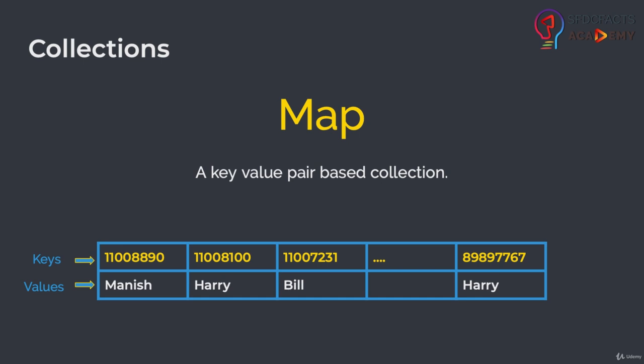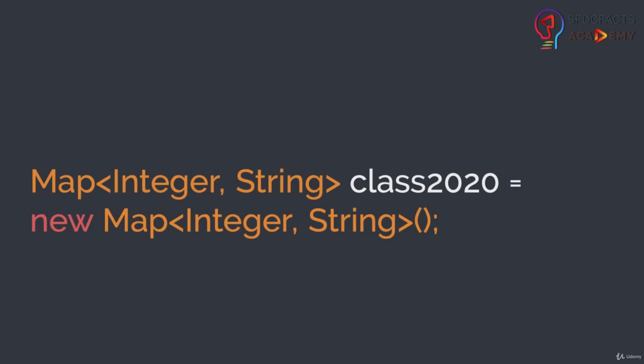Let's see a map example, how you declare and initialize a map. So here I'm declaring a map named class 2020, and it's going to store an integer and a string. Why did we write integer first and string later? The first data type that you mention in your map declaration will be the data type of keys, and the second data type will be the data type of values.